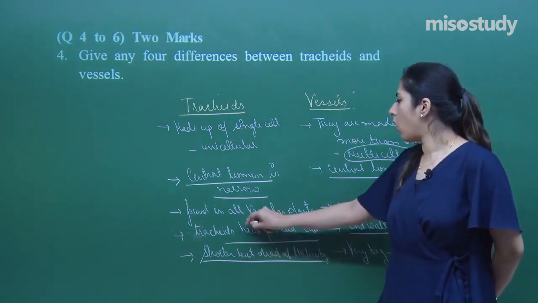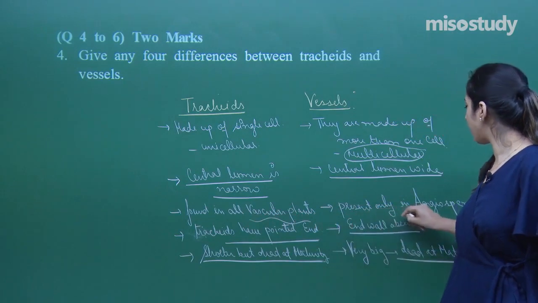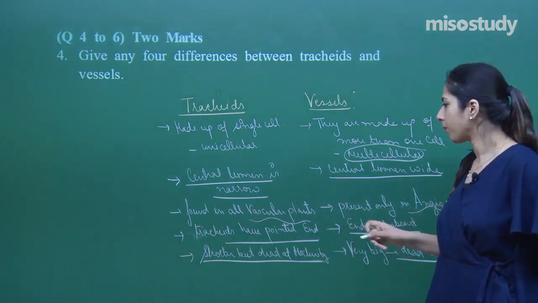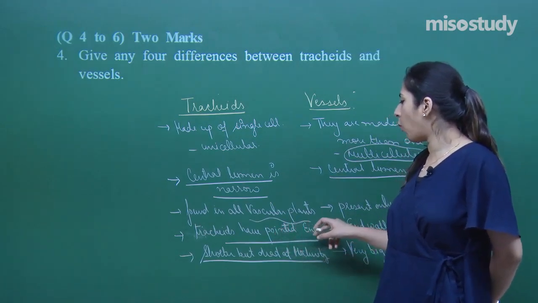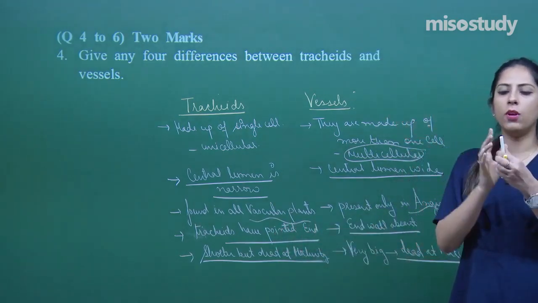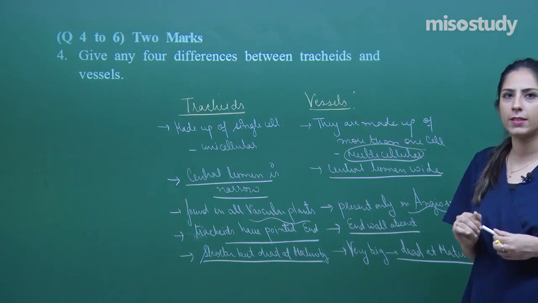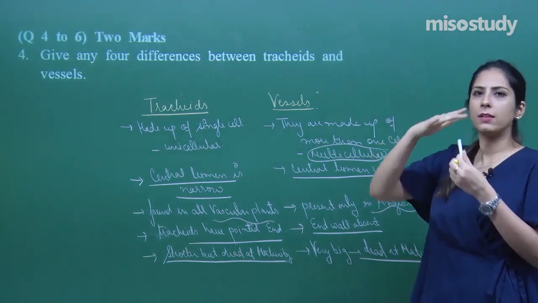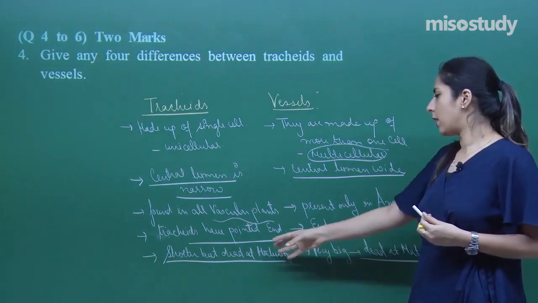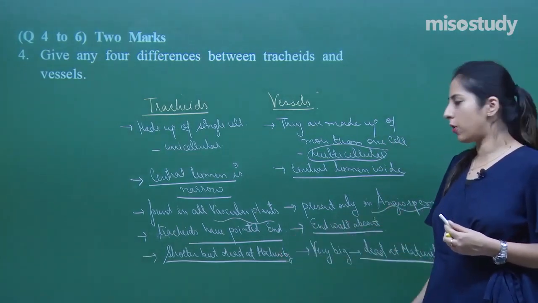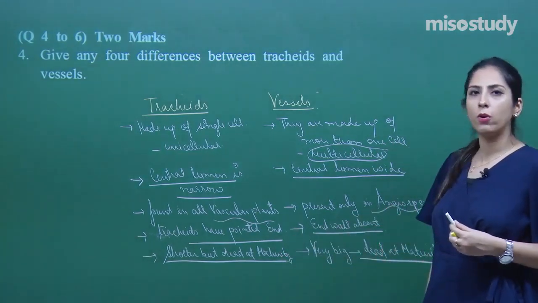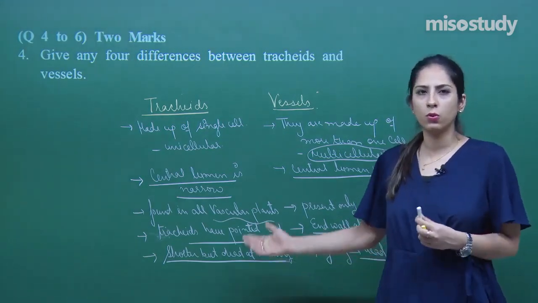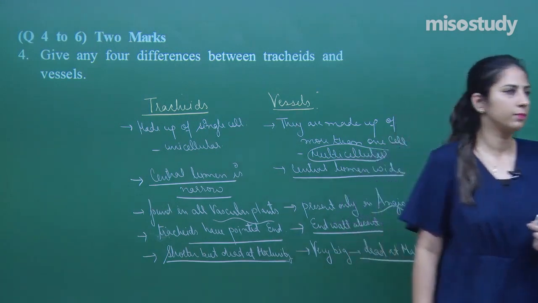Tracheids are found in all vascular plants, whereas vessels are found only in flowering plants, that is angiosperms. Tracheids have a pointed end wall, whereas in vessels the end wall is absent. They are shorter but dead at maturity; vessels are very big and also dead at maturity. So this was the fourth question. Note down this, then we will proceed further.